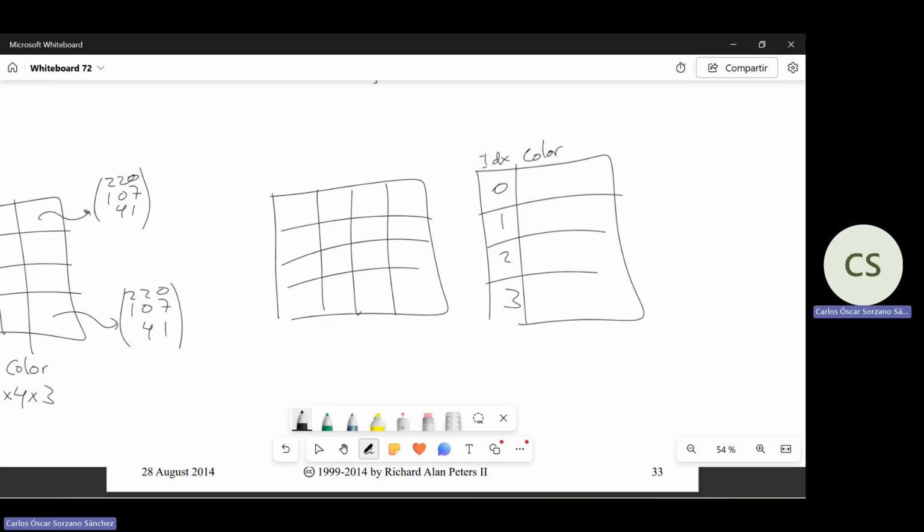One of the colors will be 120, 107, 41. And then I say, this is color 0, this is color 0, and the same for all the other colors.